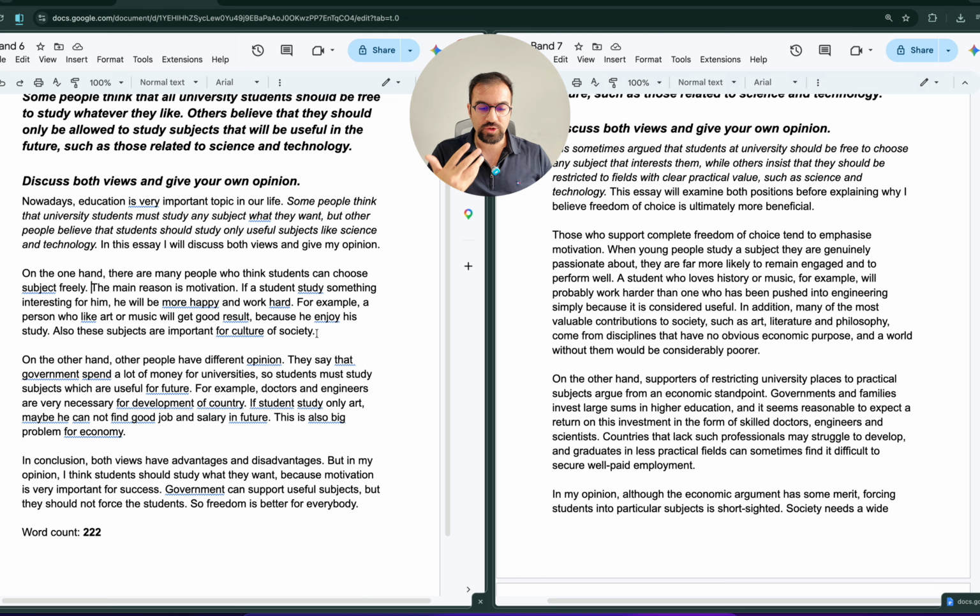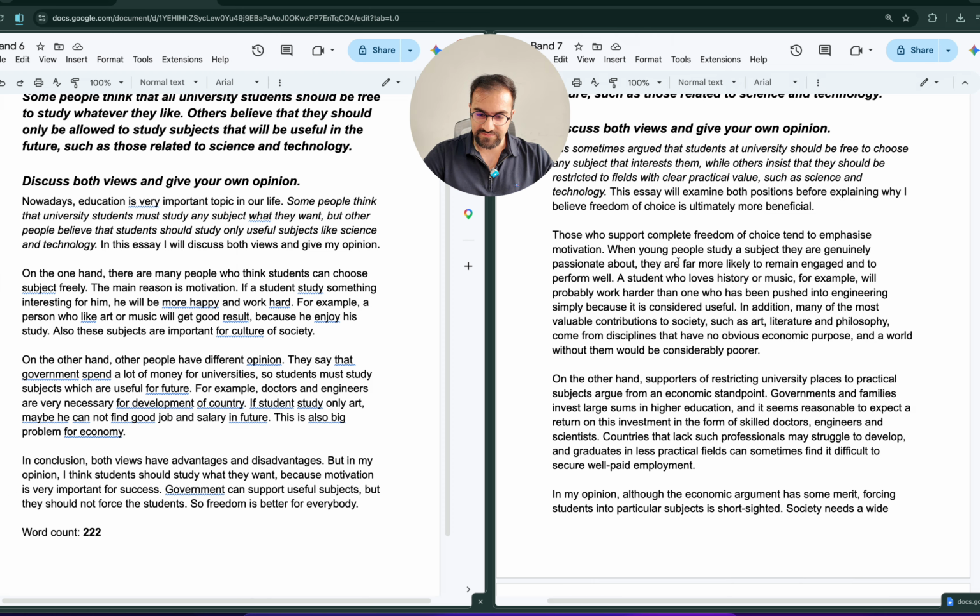And I still don't understand how motivation is related to studying something interesting. "A person who likes art or music will get good results because he enjoys his study." How do we know that? Based on what? You see, the development is very vague and the examiner doesn't understand how motivation plays a part. Okay, you can like something, but how do you connect it to your results?